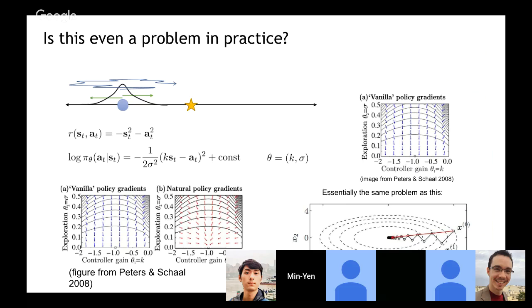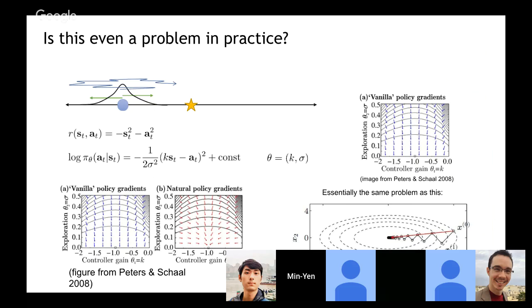So if you use vanilla policy gradient, you get something like A, and we really want something more like B that's more reflective of how to optimize. Otherwise, if we use the vanilla policy gradients, we'll get something like what we have on the right-hand side, right? Where we're zigzagging, we're trying to optimize, go from the outside towards the center optimum point, but we're going to be bouncing back and forth.